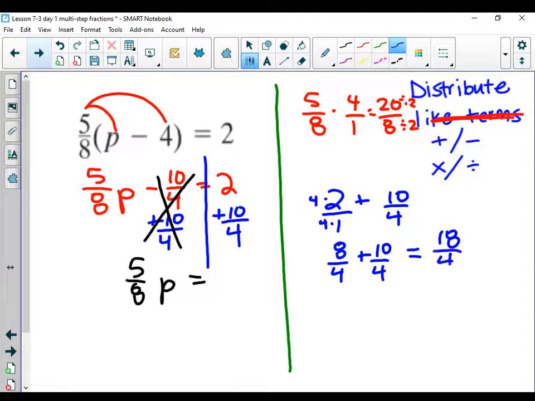Keep the bottom. You could simplify a little bit, but I wouldn't make it a mixed number yet. You could put 9/2. Nice. Last step, very last step. Multiply or divide?